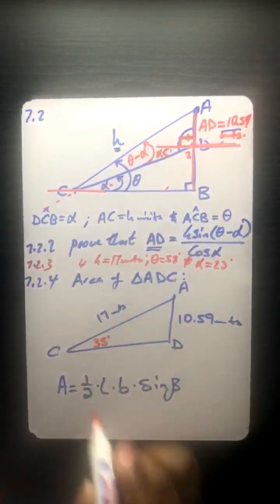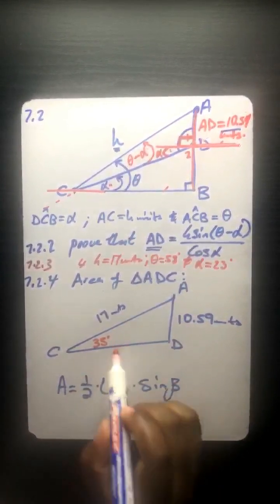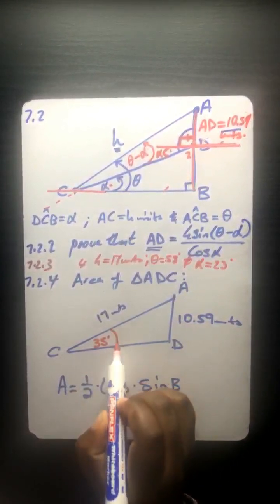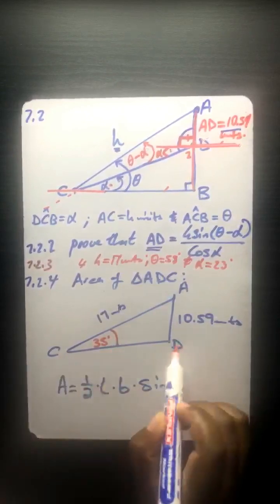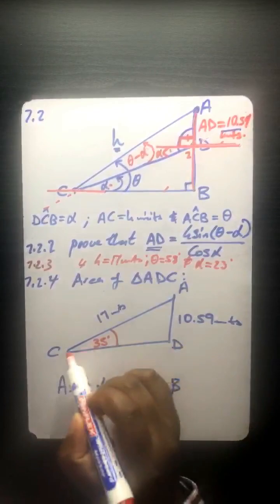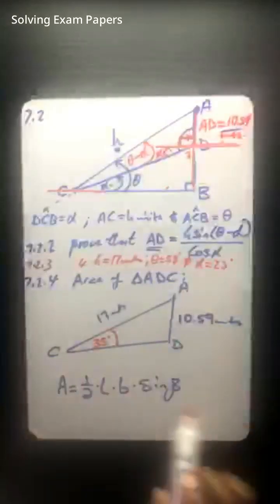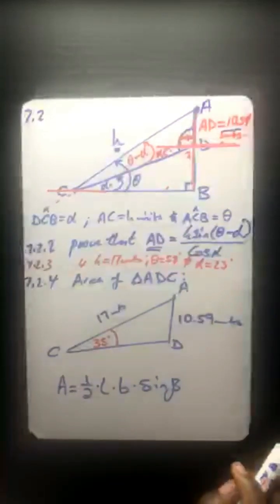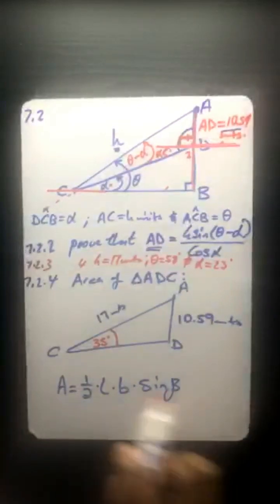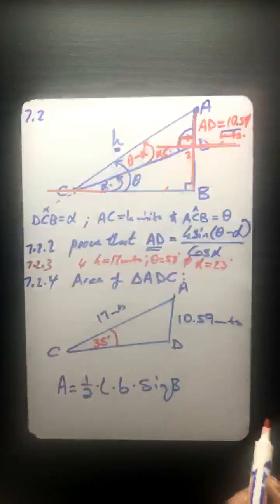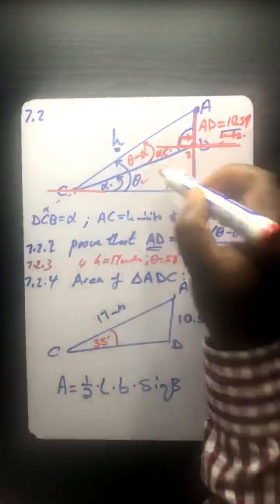Okay, this is what happens. If you are going to use this angle, it forces you to use that side, because you need a side and an angle in between. But now, how can you find that side? That's the question you ask yourself. You have an angle there.